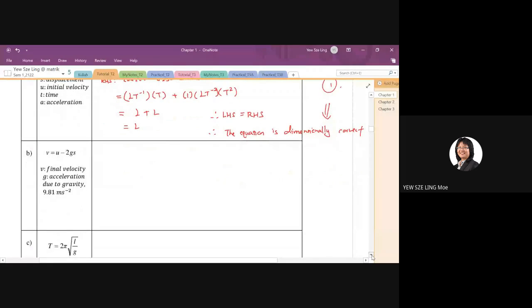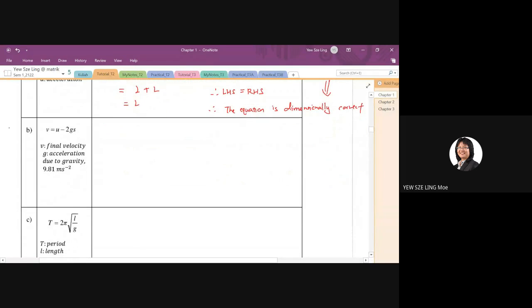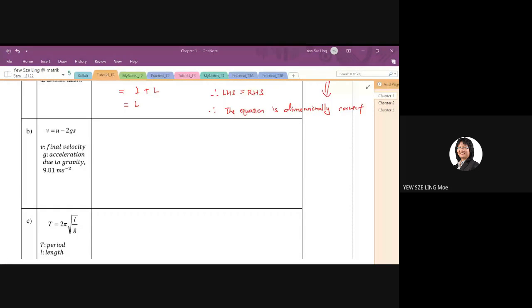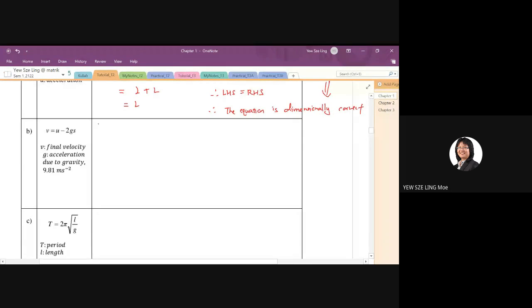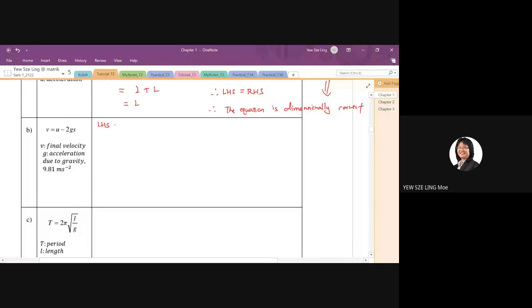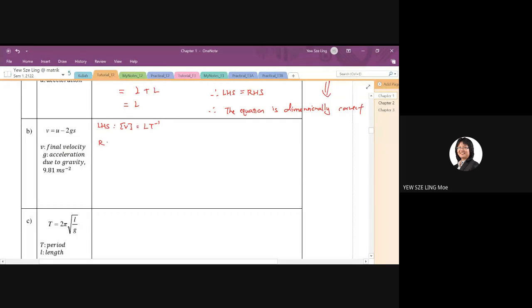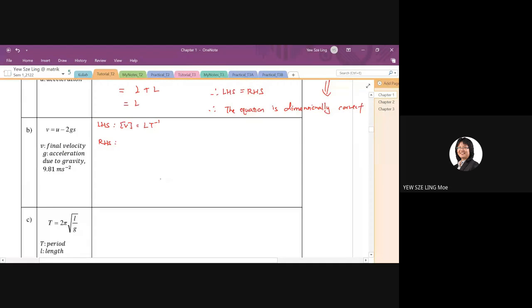Now second question. You have V equals U minus 2GS. Now I'm going to show you the second method that you can use to solve the question. Left hand side, again, we have V where its dimension is LT negative 1. Right hand side, sometimes students like to split it into 2.